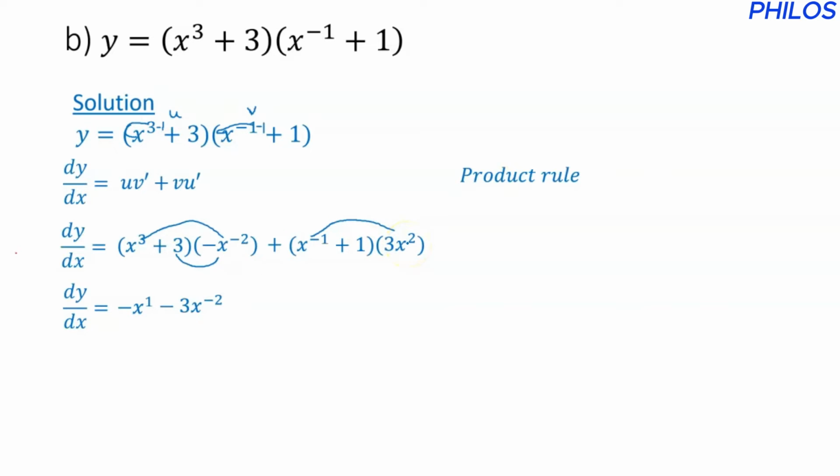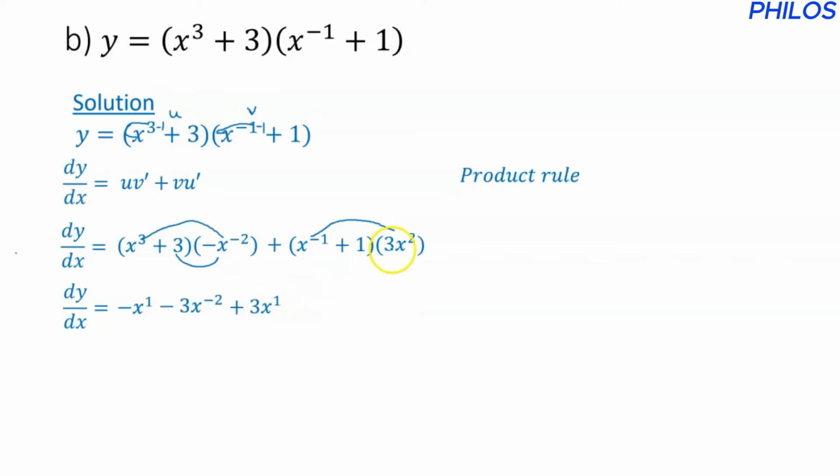So it should be x exponent negative 1 plus 2. And that will give you x exponent 1. You know, negative 1 plus 2 will give you 1. So for that matter, this will become positive 3x exponent 1, because x exponent negative 1 times x exponent 2 will give you x exponent 1. And the 3 is there as a coefficient.